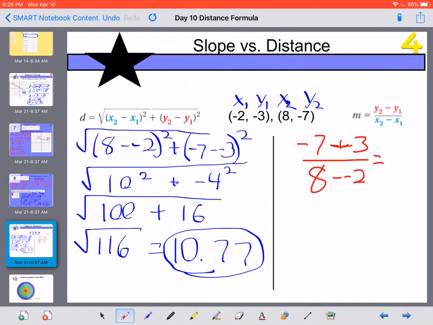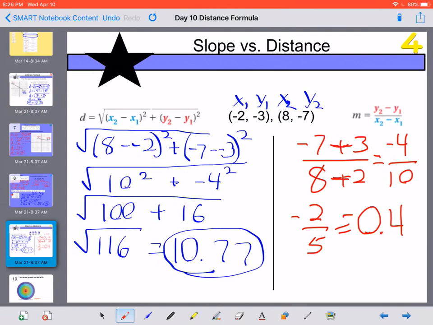Negative 7 plus 3 is going to give us negative 4. 8 plus 2 is going to give us 10. So negative 4 over 10, well, that's going to simplify to negative 2 over 5, which is, in a decimal, negative 0.4.